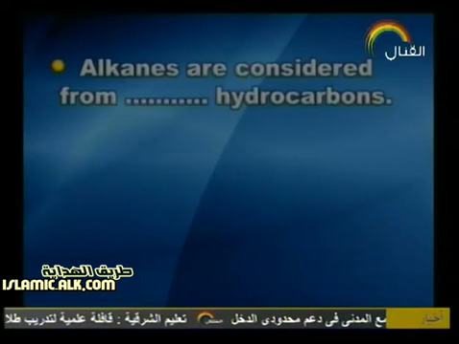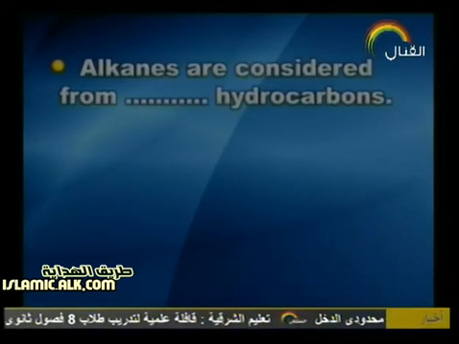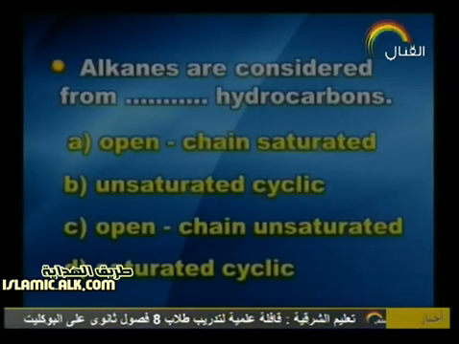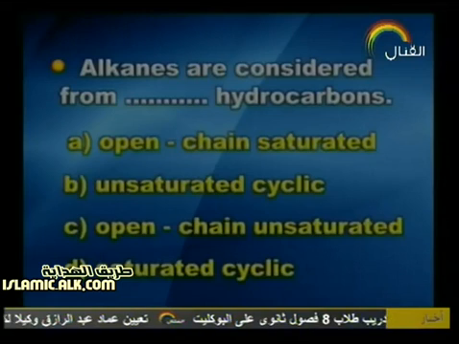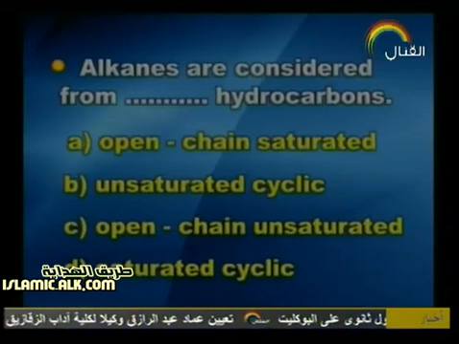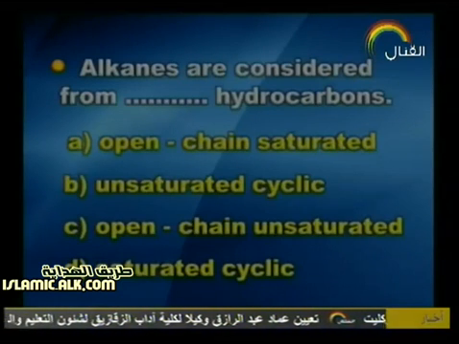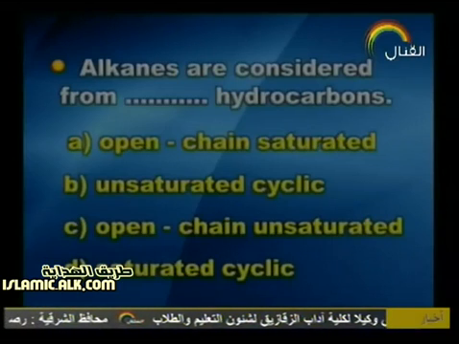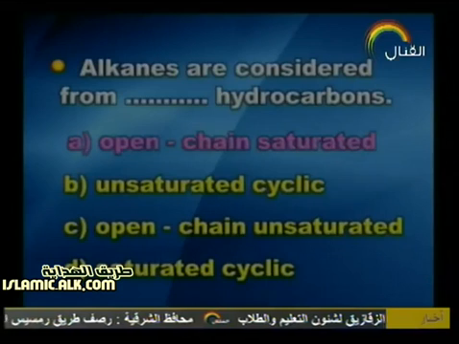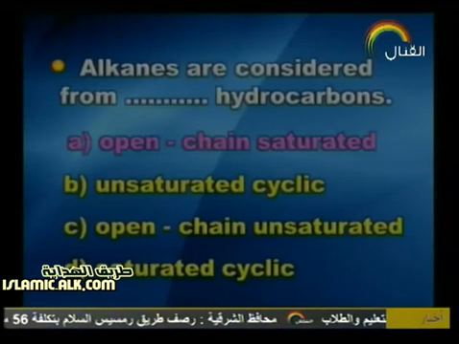Next point. Alkanes are considered what kind of hydrocarbons? Is it open chain saturated or unsaturated cyclic or open chain unsaturated or saturated cyclic? If you answer this question, you will find that the solution is open chain saturated.